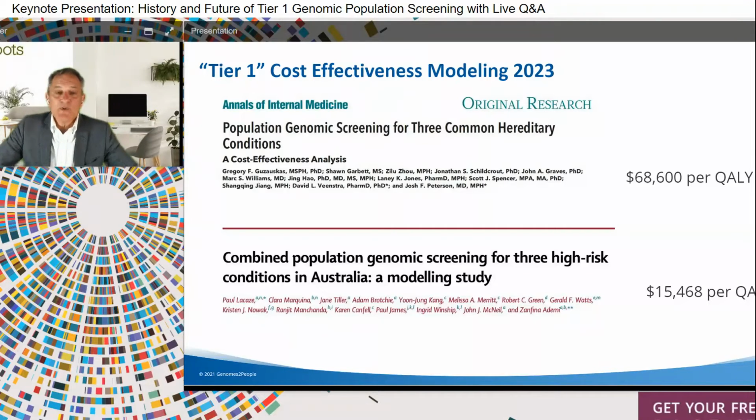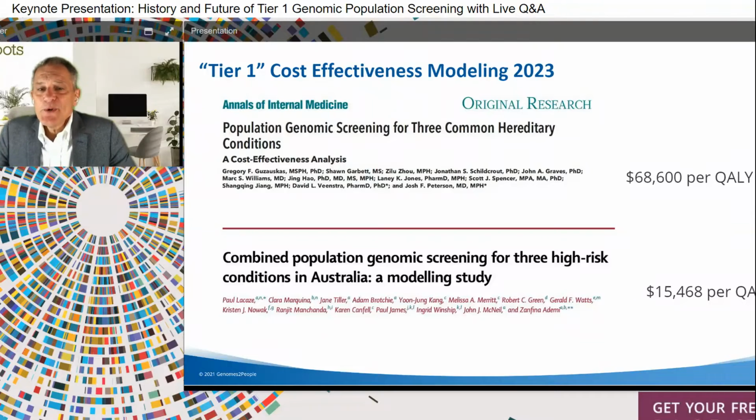I don't know which one is right, but somewhere between $15,000 US and $68,000 US per quality adjusted life year, there seems to be an agreement that you're not going to save money by population screening, but you could save lives with it at this kind of cost. And these costs are underneath the thresholds in both countries for what is usually considered acceptable for adoption. So that's encouraging, but not definitive.